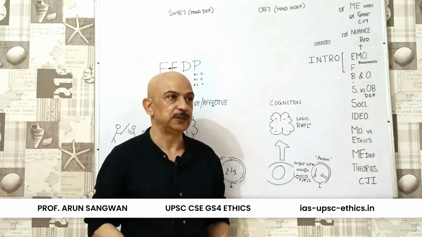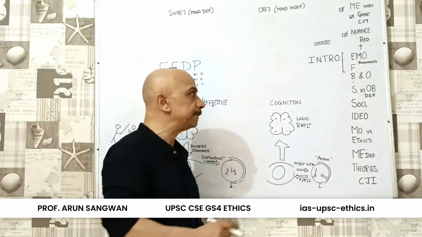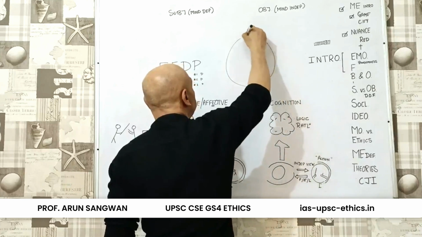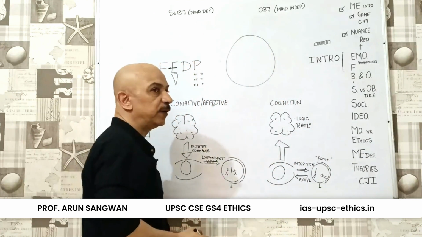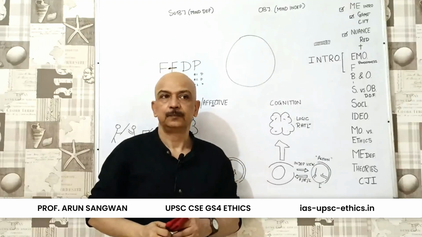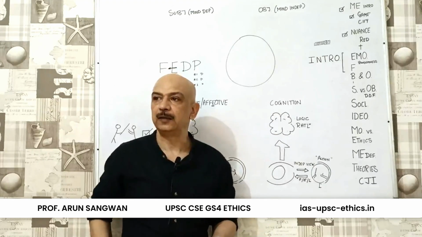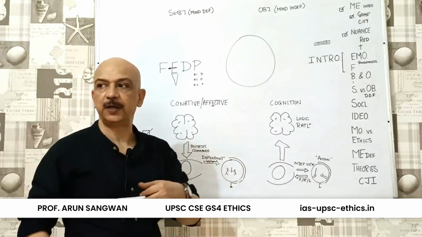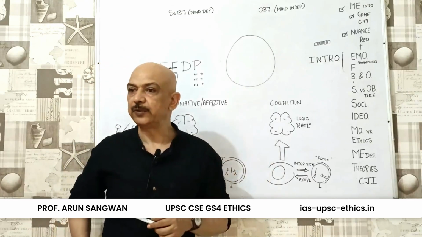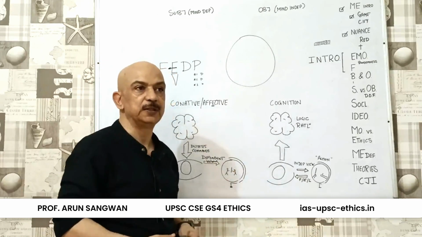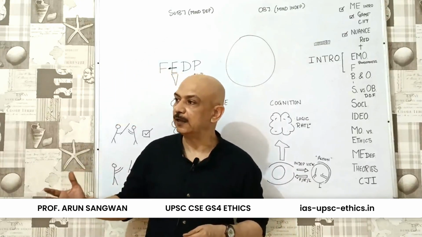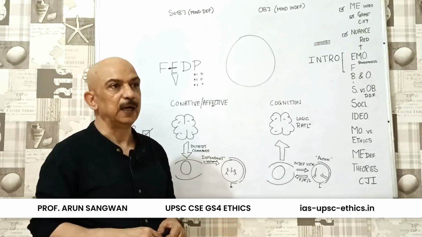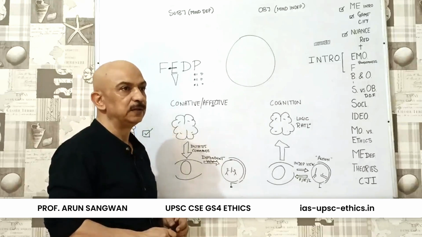Okay. When you look at the foundational values of civil services, let me draw it differently. What are the foundational values? Objectivity, integrity, impartiality, non-partisanship, dedication to public service, excellence and professionalism, empathy and compassion, transparency and accountability, and tolerance.